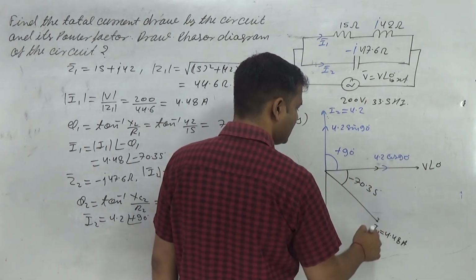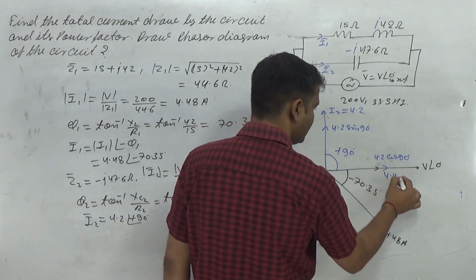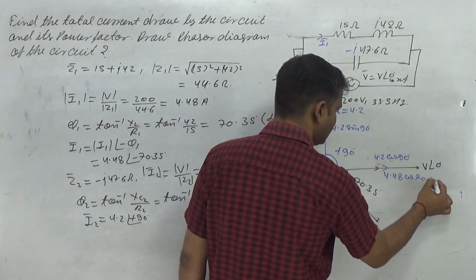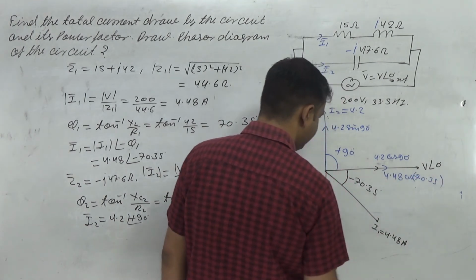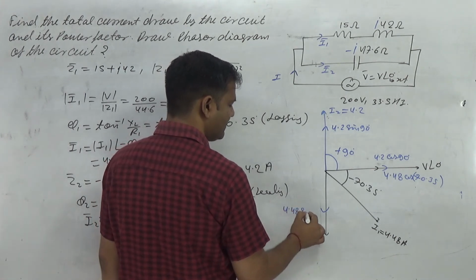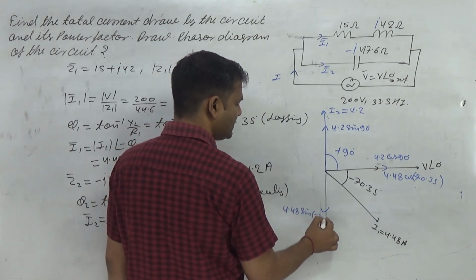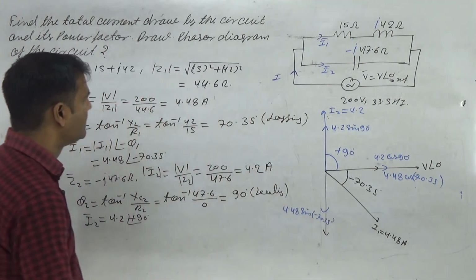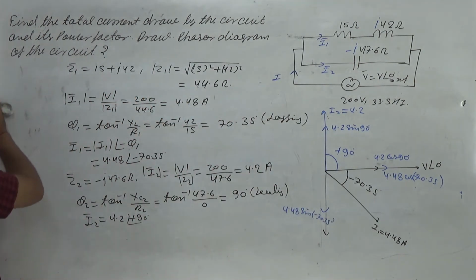Similarly for I1, 4.48 cos of minus 70.35, and here 4.48 sin of minus 70.35. Clear? So first of all make it.